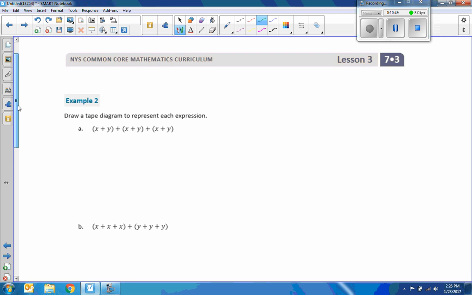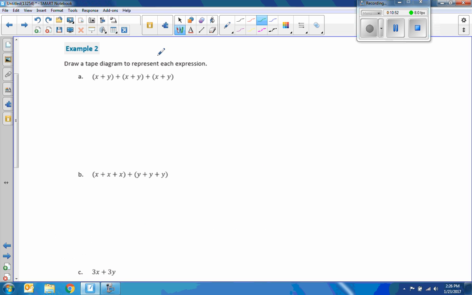Example 2. Draw a tape diagram to represent each expression. X plus Y plus X plus Y plus X plus Y. Well, if I made X this size, I have one there, I have one there, and I have one there. It's a little too small. And then if I have a Y, let's just say Y is 1.